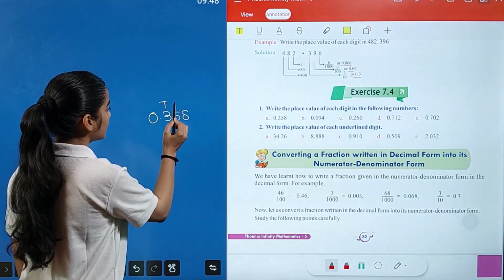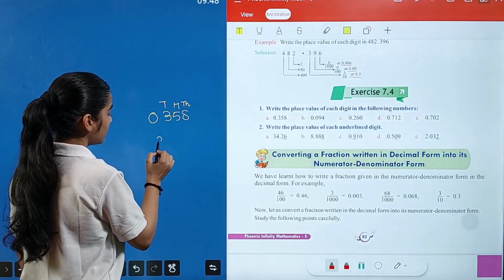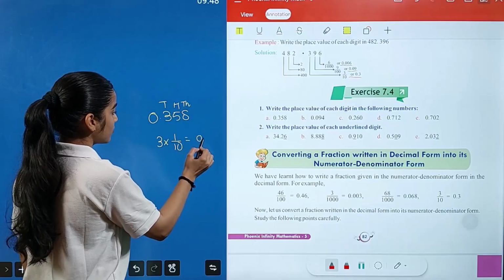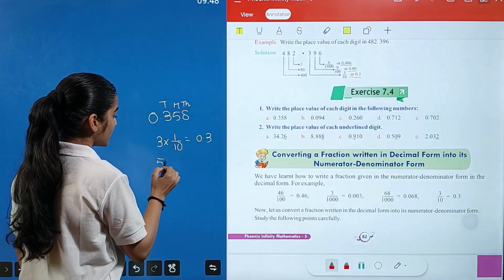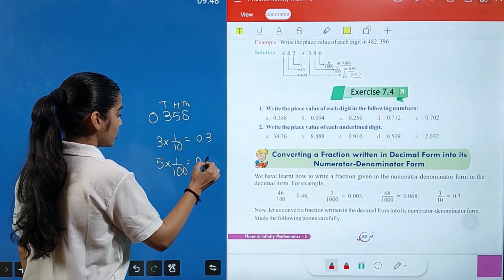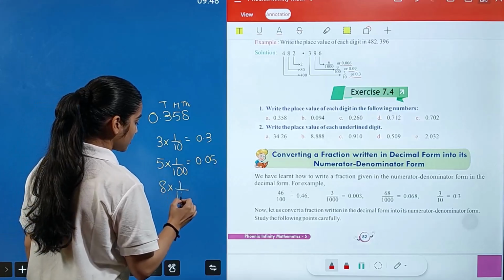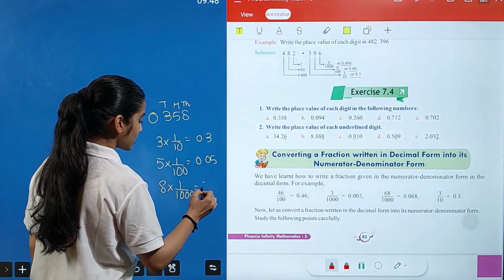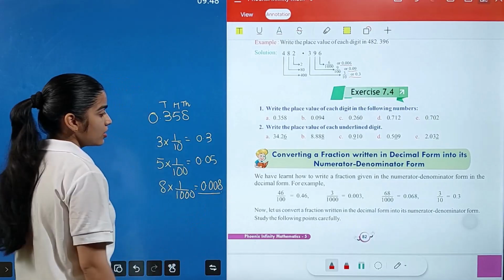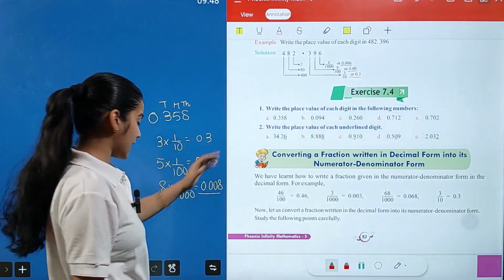This is your tenths, this is your hundredths and this is your thousandths. 3 multiplied by 1 upon 10 means 0.3. 5 multiplied by 1 upon 100 means 0.05. 8 multiplied by 1 upon 1000 means 0.008. You can solve the rest of the questions in the same way as I do.